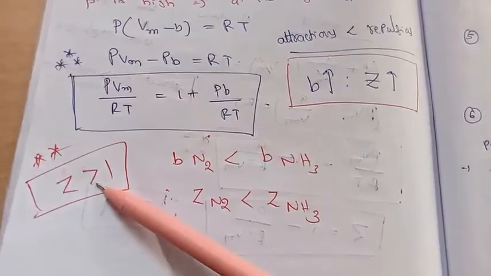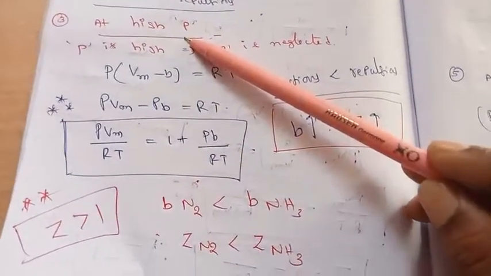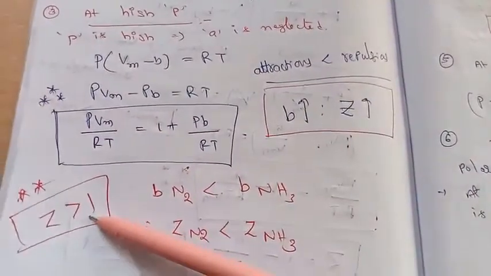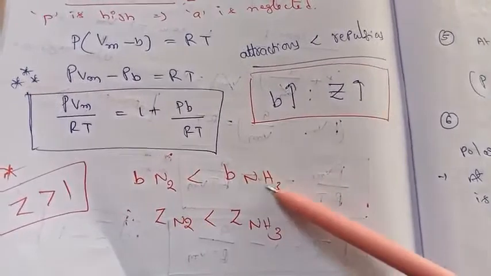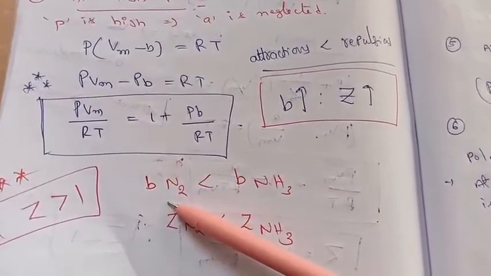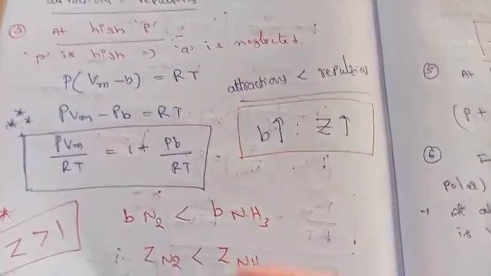So Z is always greater than 1 at high pressure. The size of the molecule is larger for nitrogen compared to hydrogen, so b is high, and these are the conditions at high pressure.